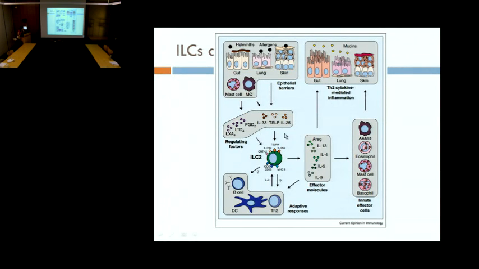And they, in turn, affect the ILC2s, as well as, obviously, the adaptive responses. And they produce these effector molecules that go on to affect the effector cells and lead to Th2 cytokine-mediated inflammation, as well as stimulating the Th2 cells they correspond with.